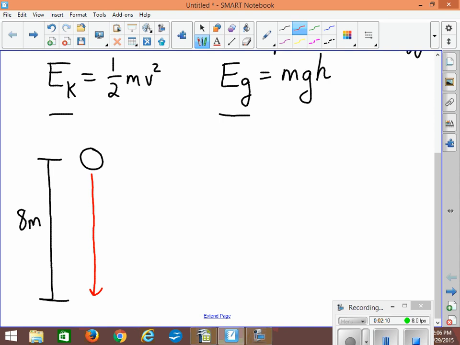And so you can see how kinetic energy, which is based on speed, is increasing as it begins to accelerate downwards. But gravitational potential, which is based on height, is decreasing. The total amount of energy, though, remains the same, and that's the conservation of energy law that we're all familiar with.